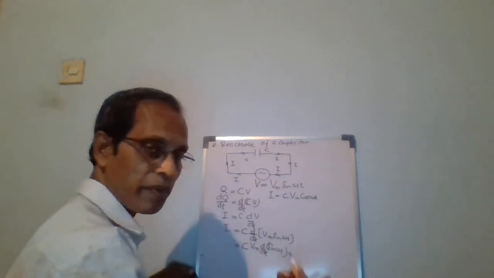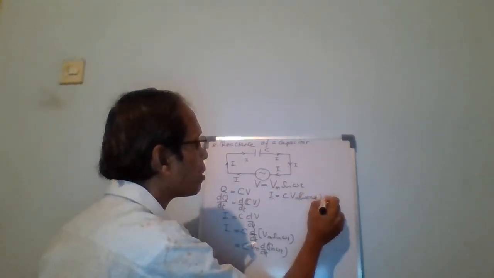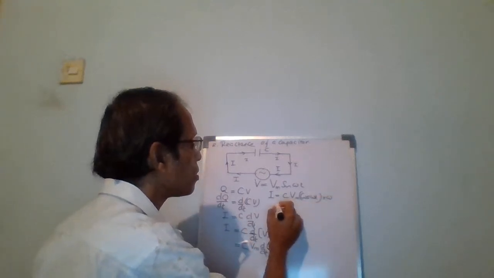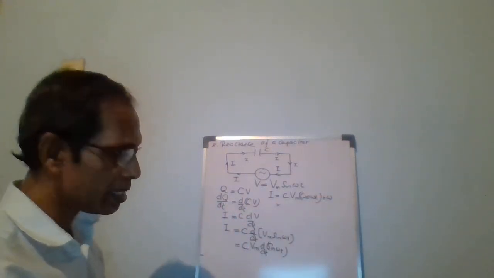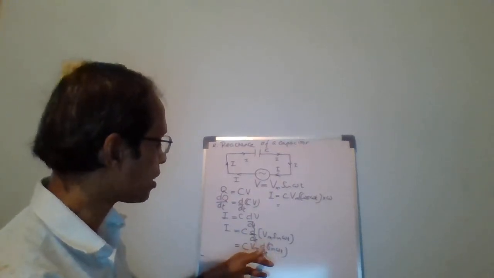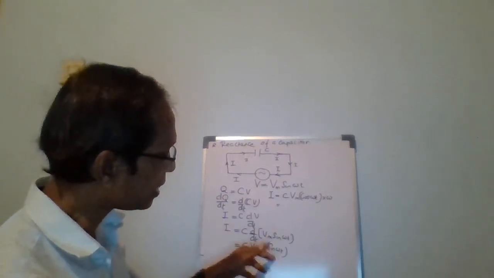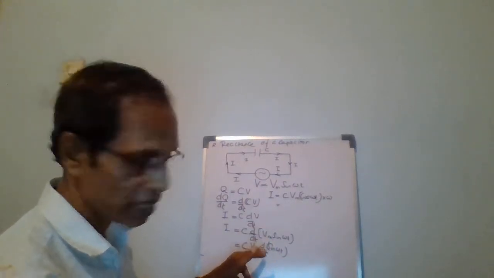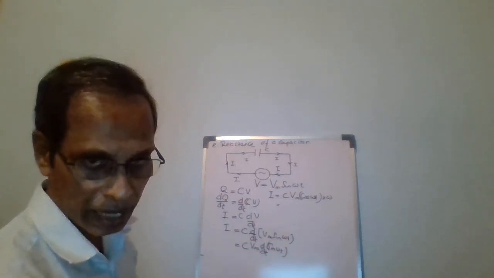We can't directly differentiate sin omega t with respect to time, so we apply the chain rule: differentiate sin omega t with respect to omega t first, then omega t with respect to time.